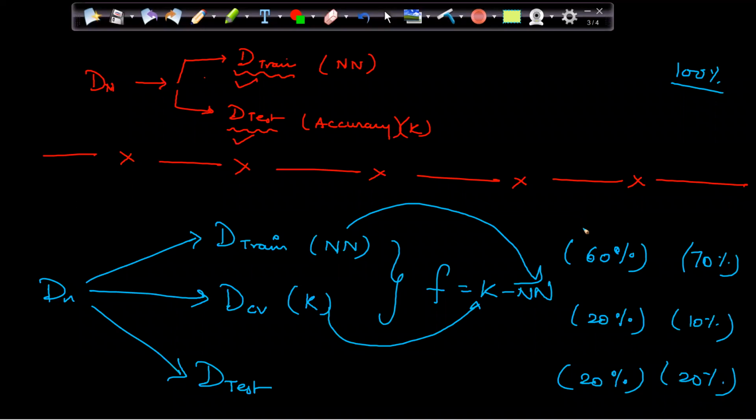Right now, let's say I'm getting accuracy from these two, I'm using dtrain and dcv to calculate the accuracy. The accuracy which we are getting is, let's say, 89%, right? So now what statement can we come up with?